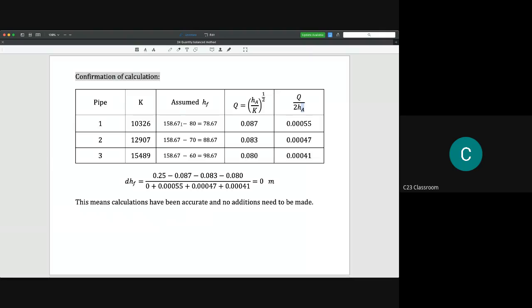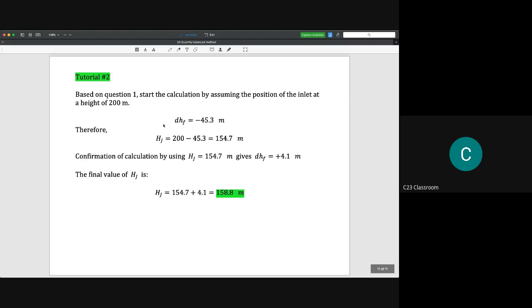So you need to do your confirmation of calculation by replacing this value with the 154.7 meters. After you do the calculation using this value, you will find that the delta HF is again not equal to 0.